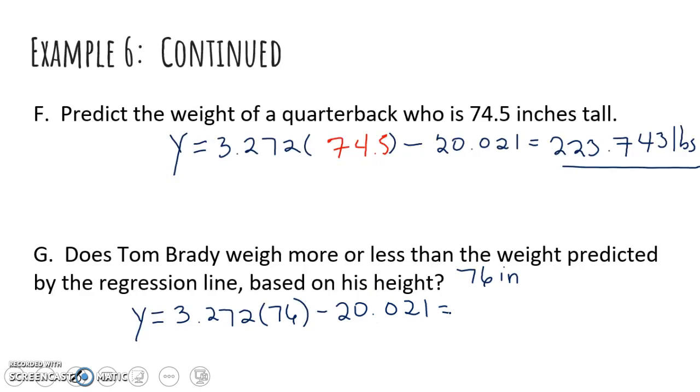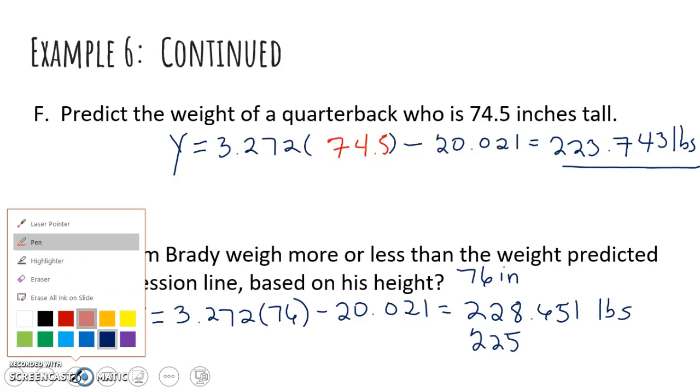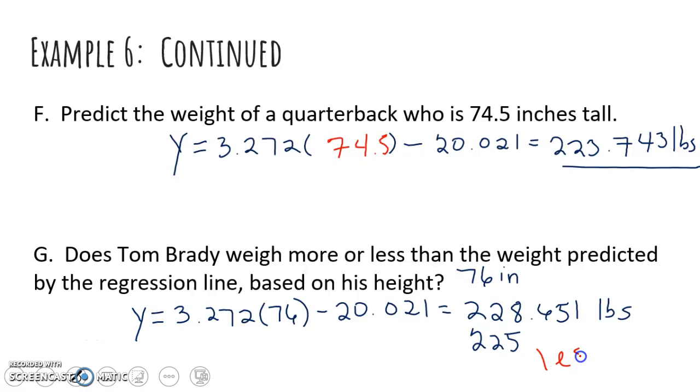If I substitute that into the equation, the regression equation predicts that he is 228.651 pounds. Now his actual weight is 225 pounds. So it says, does Tom Brady weigh more or less than the weight predicted by the regression line based on his height? He definitely weighs less by just a few pounds, but he does weigh less.